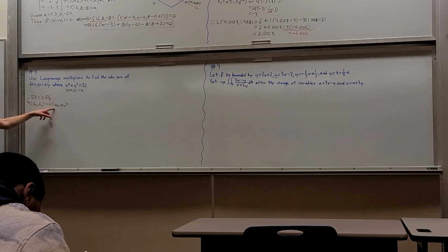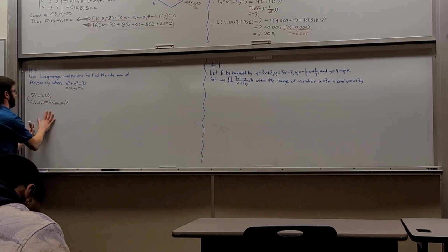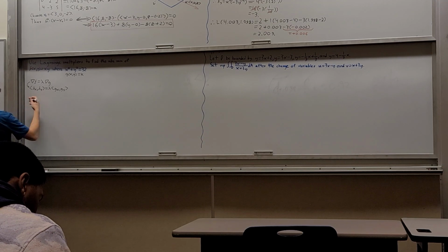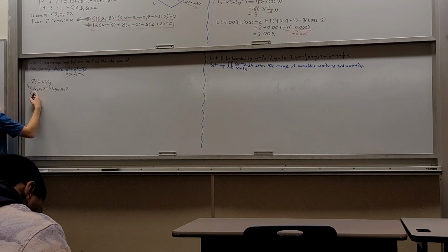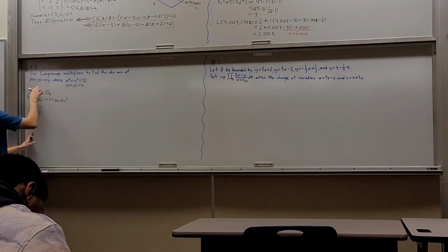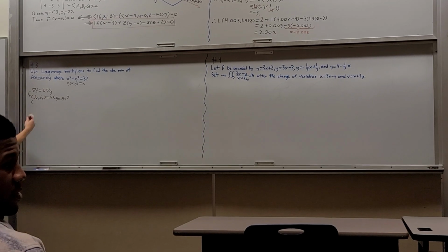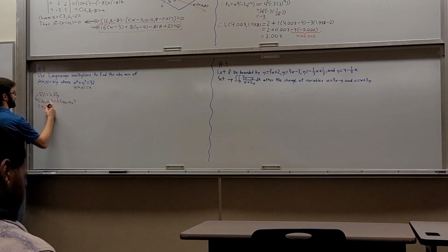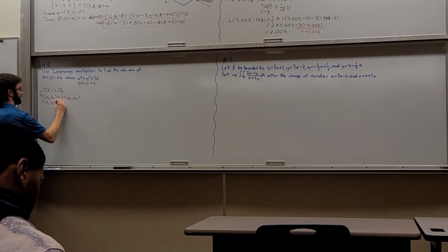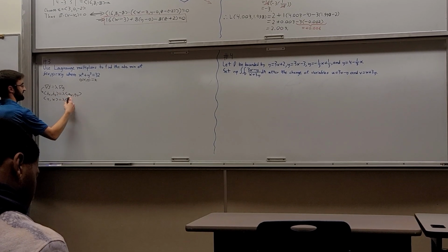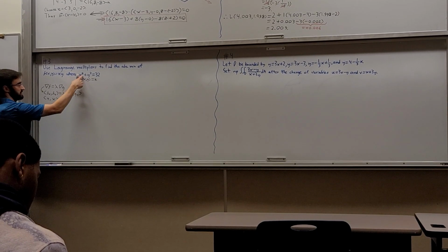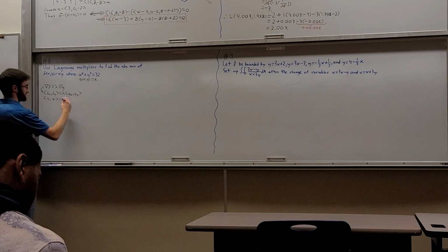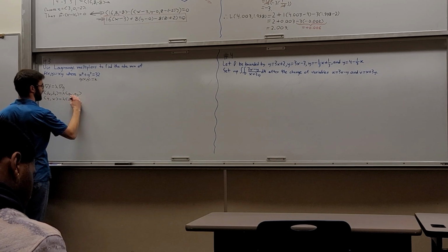When you expand that, let's see what f sub x is. If f is equal to xy, then f sub x is y, and f sub y is x, equal to lambda times g sub x, which is 2x, and g sub y, which is 2y.